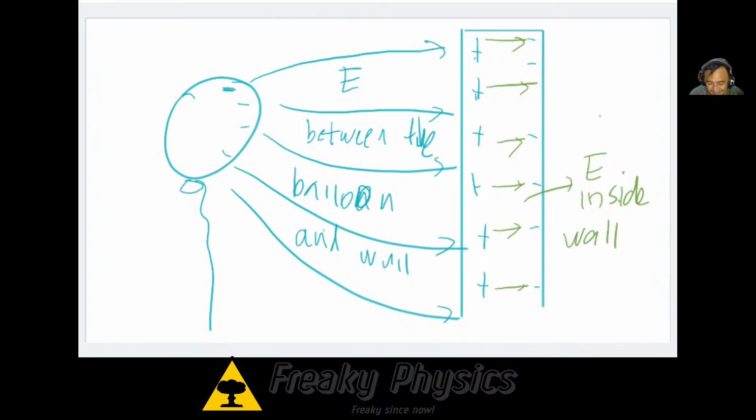Remember, electric fields always go from positive and into negative. So the way I drew them is the other way around, right? They're coming into positive. So these should actually be pointing the other way. So that's what I'm going to do.